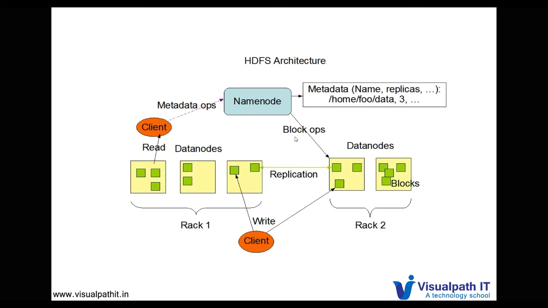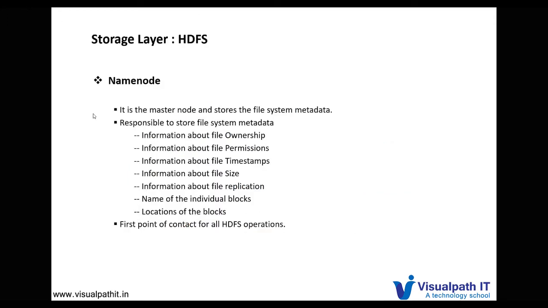Master slave architecture. It follows a simple architecture, one master, multiple slaves. It means name node is the main node in the Hadoop architecture. So it will store the file system metadata.